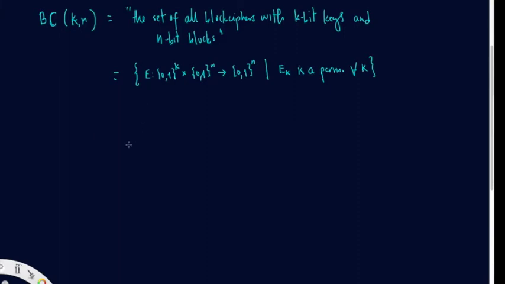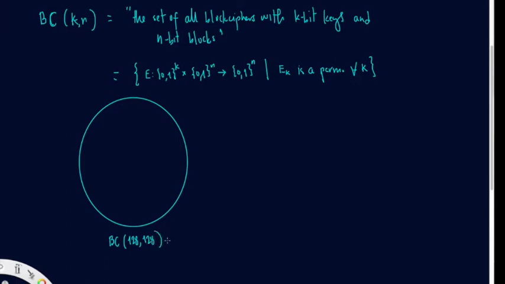If I were to draw this as a set, you could think about it as a little circle here. So here's our set. This is the set of all block ciphers, let's say BC of 128, comma 128.